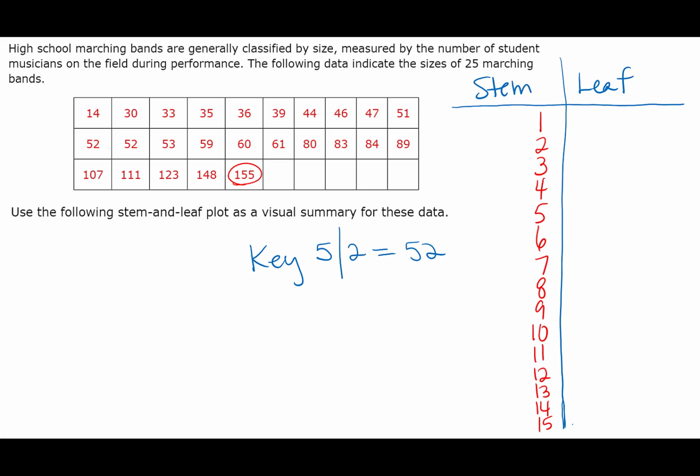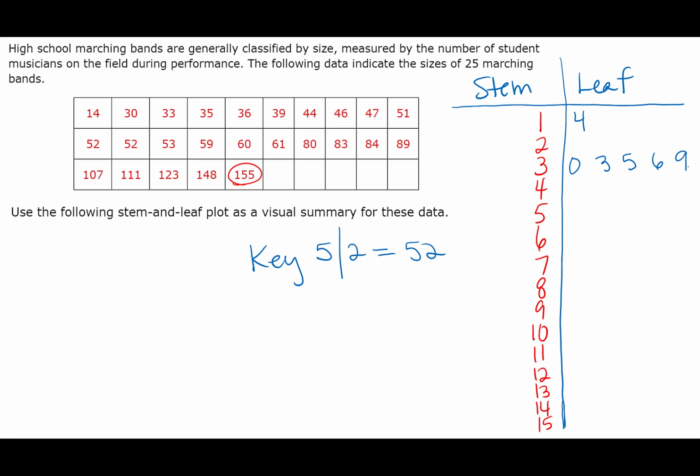From here, we'll go in numerical order and write out our leaves. For 14, the stem is 1, the leaf is 4. We had no numbers that have a stem of 2, so we'll skip that one. For 3, we had 30, so we have leaves of 0, 3, 5, 6, and 9.